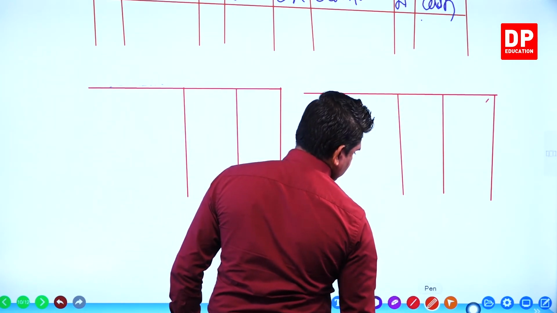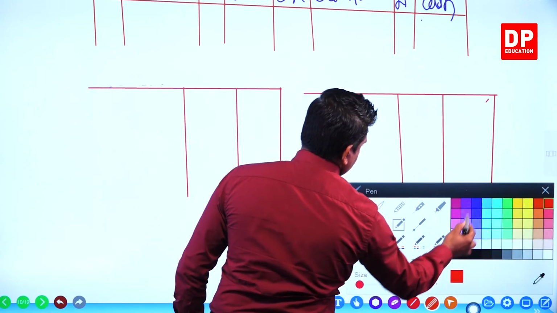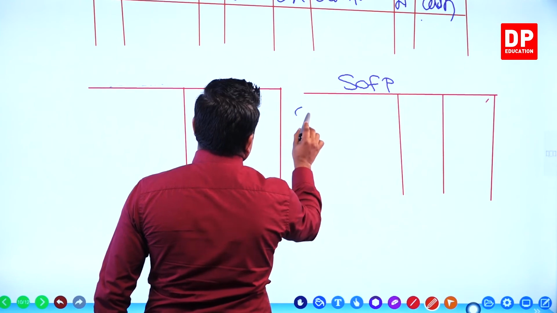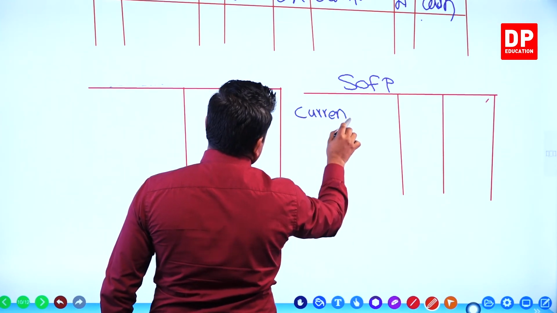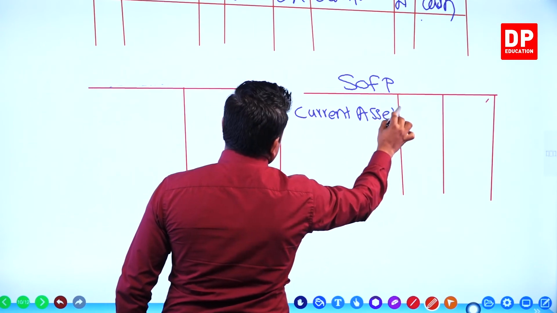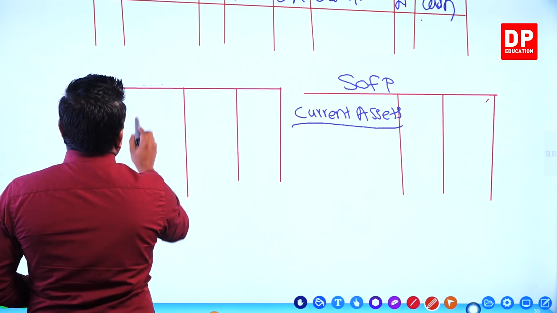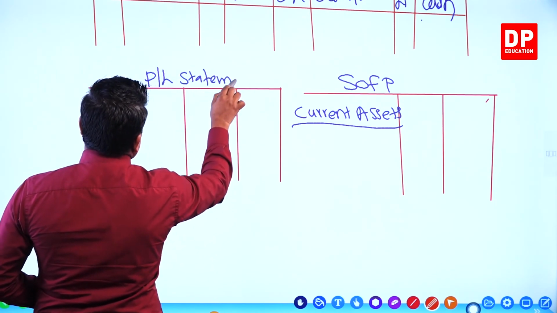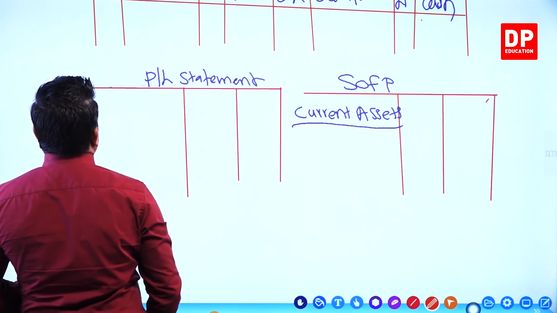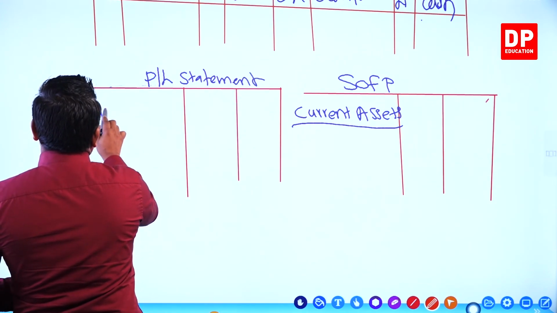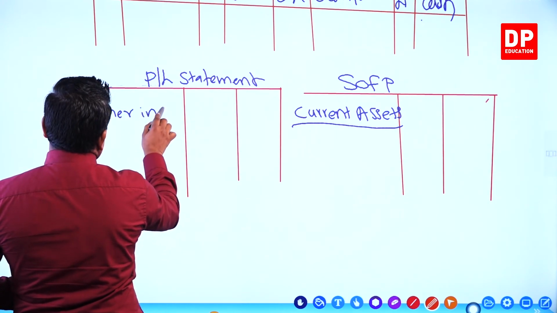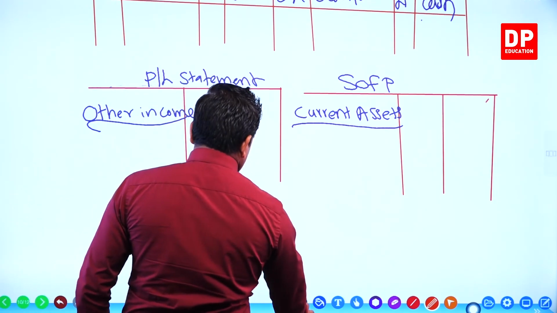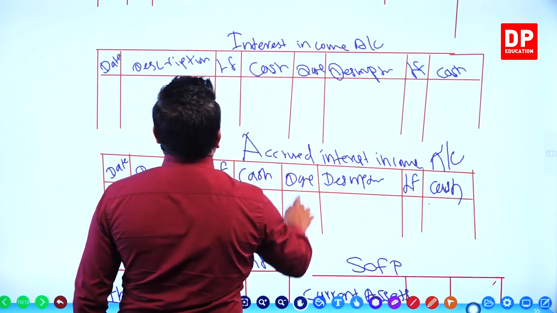Here, this is the statement of financial position, current assets. Here, profit and loss statement, under the other income.